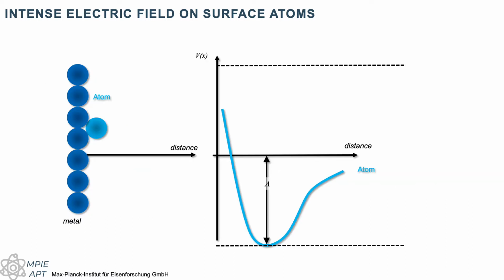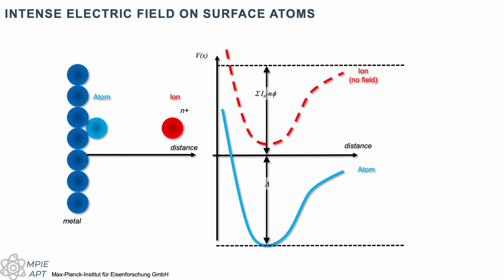So what happens if I look at the potential well binding the atom to the surface initially, and now I consider the ionic states of the same atom near the same surface.